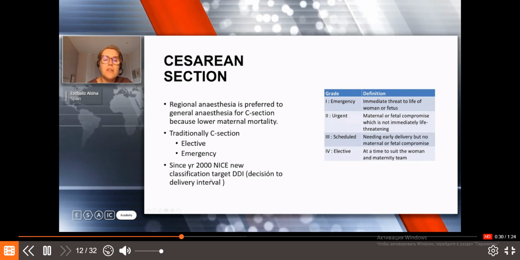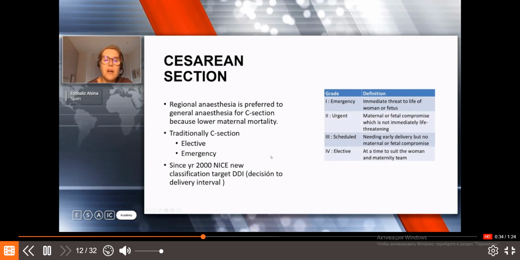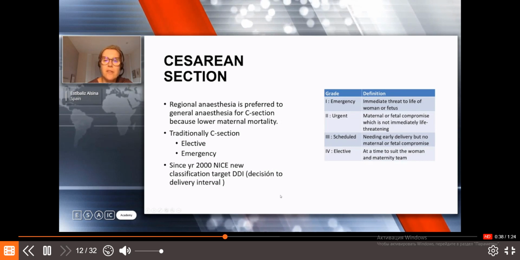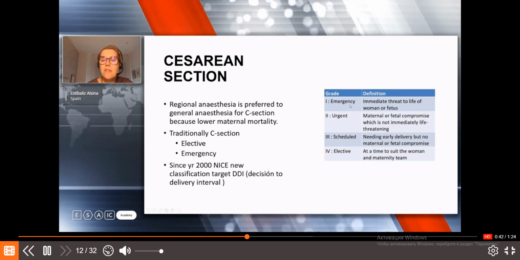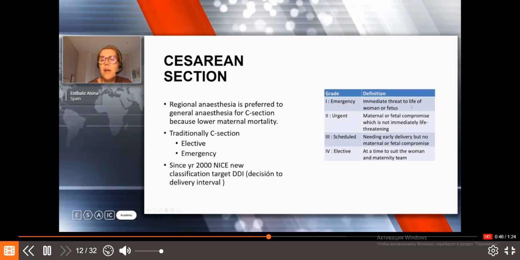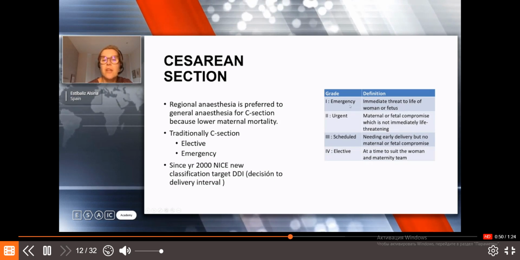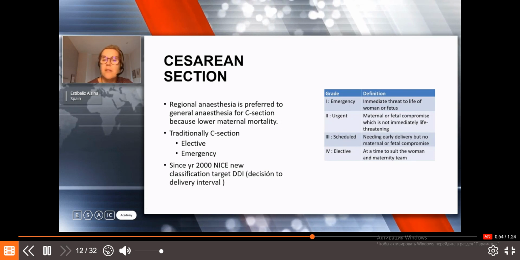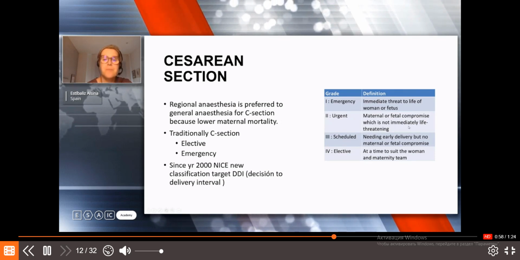Since the year 2000, we use a nice classification for the urgency of the cesarean. We grade 1 when it's an emergency cesarean with immediate threat to the life of the woman or the fetus. It is grade 2 if it's urgent, so there is a compromise, but not immediately life-threatening.